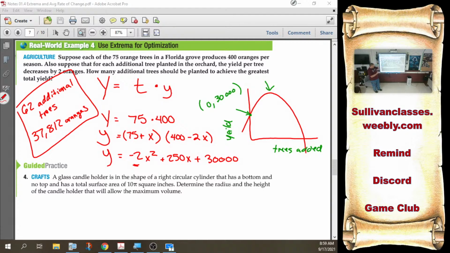So I have to be able to alter my graph so that I can see the relevant features. I have to interpret that vertex in the context of the problem. And you have to know how to write the function in the first place.